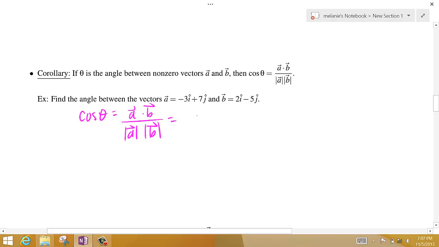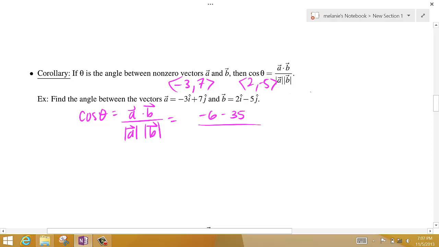Let's dot them. And if you need to, you can rewrite this as negative 3 and 7, and B is what, 2 and negative 5? If you dot them, you get negative 6 minus 35.